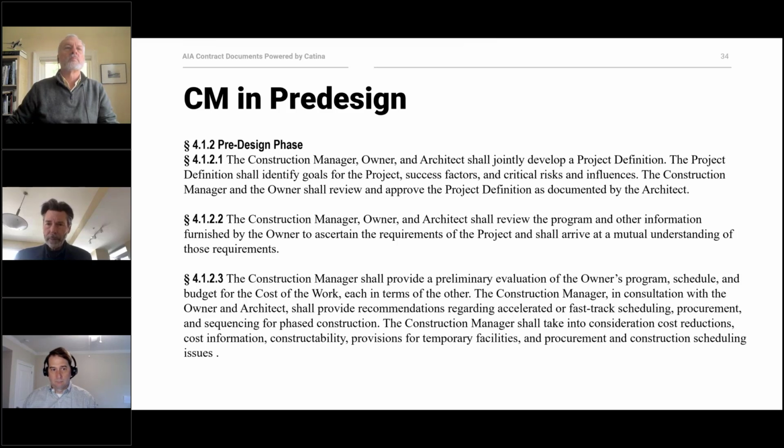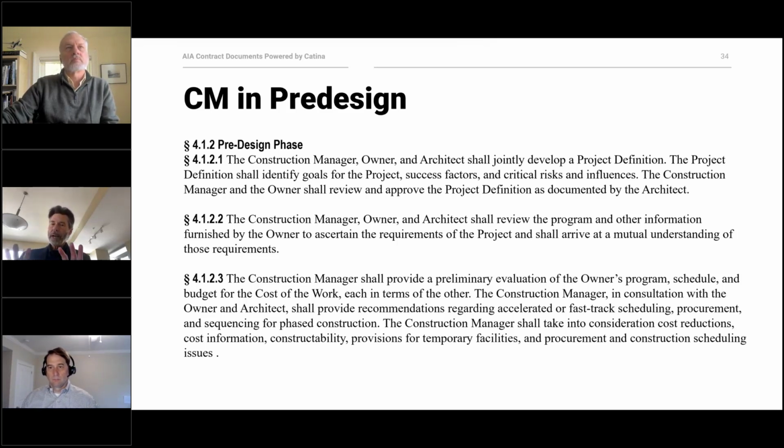So, the last clause here talks about the fact that the construction manager will provide a preliminary evaluation of the owner's program, schedule and cost. And then the construction manager in consultation with the owner and the architect shall provide recommendations with regard to acceleration, fast track scheduling, procurements, for example, long lead items and when they need to be ordered, sequencing and phase construction.